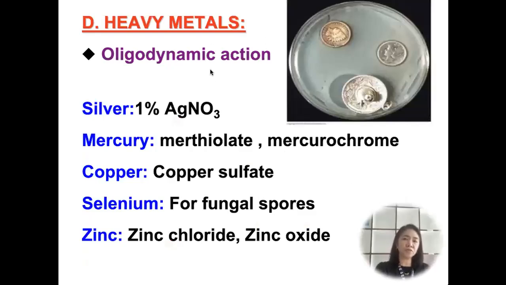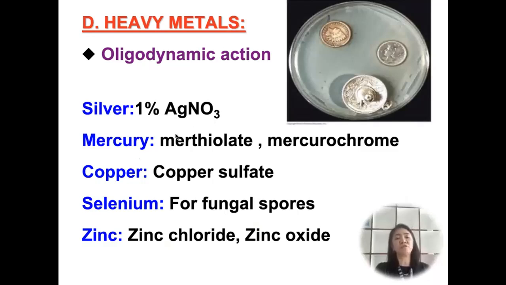So heavy metals are also observed to have oligodynamic action. Meron, pero konti lang, like this, no? So that's the coin, and you can see a zone of inhibition, very small, pero meron. Okay, so there are several types of heavy metals that can be used for disinfection, like your silver. Okay, so like in the form of 1% silver nitrate, so combination.